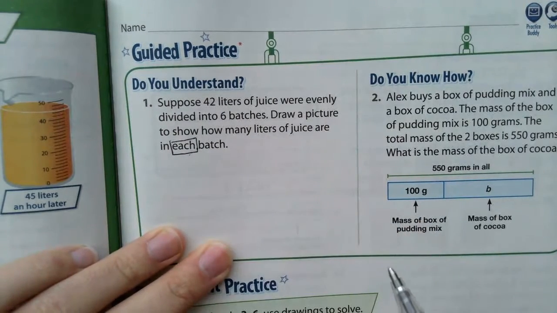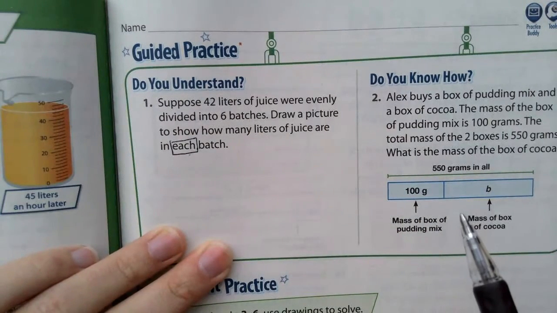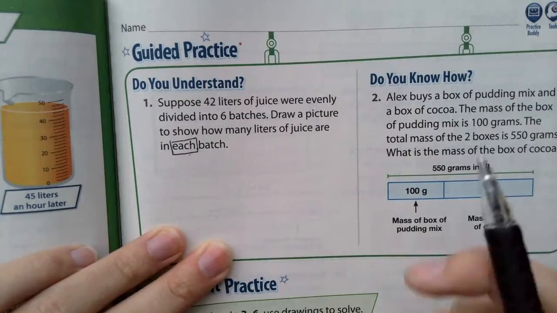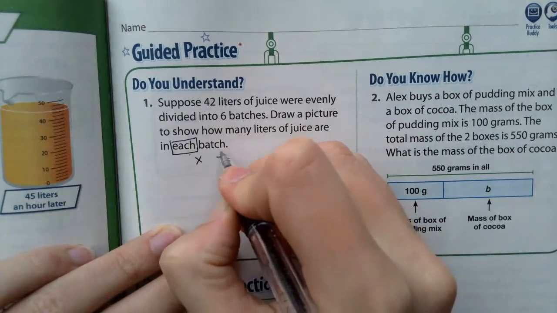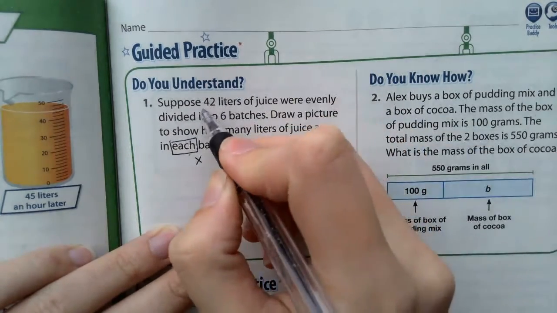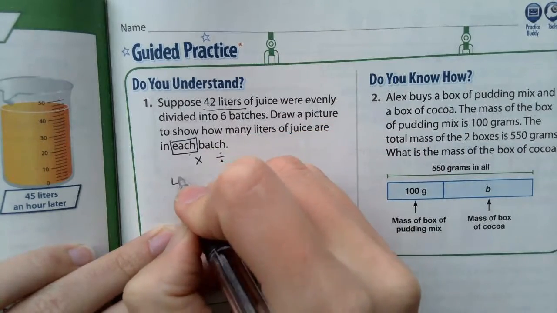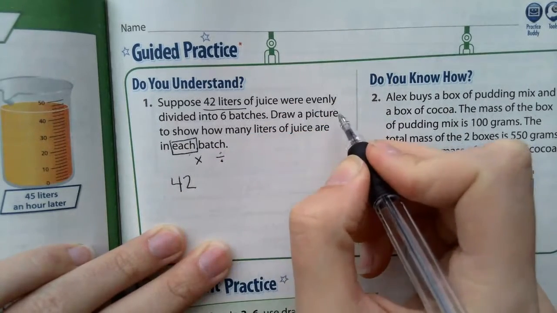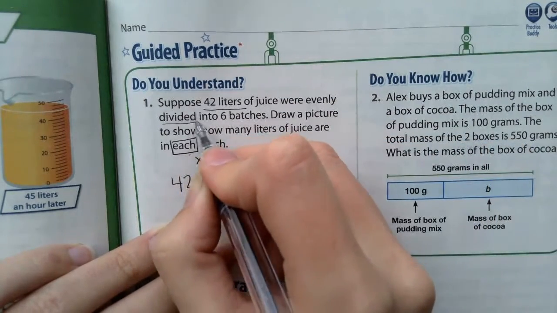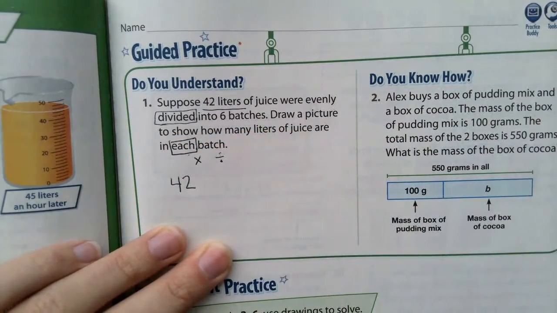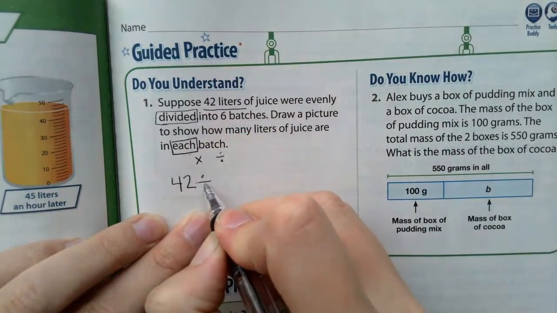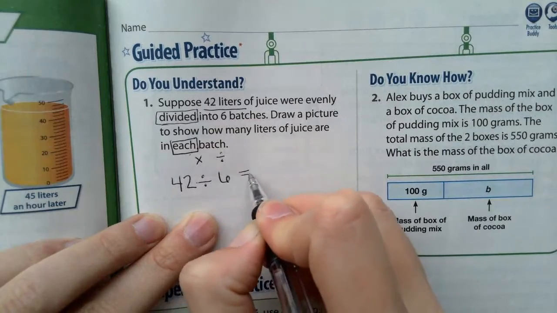My key word here is each. Each means that I either need to multiply or divide. Well, I'm starting with a total, and I am dividing, oh, there's another keyword, box divide. I am dividing it into 6 groups.